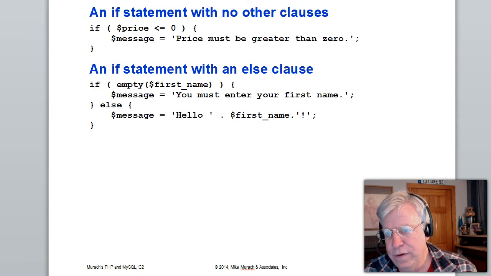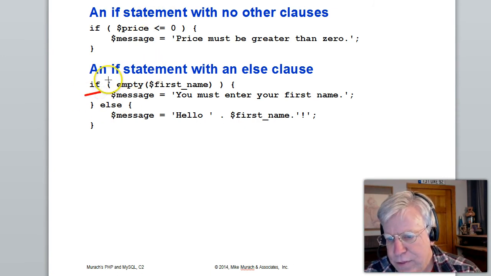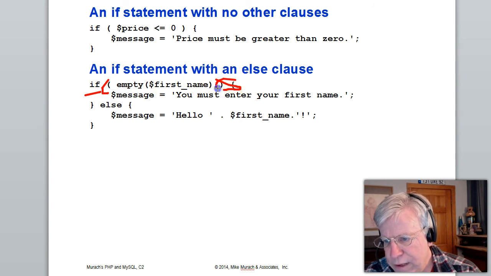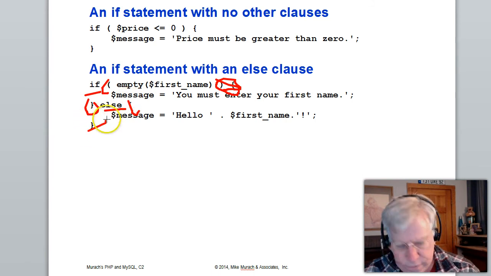Okay, that was fun. If this statement is true, then do the work starting at this curly bracket, ending at this curly bracket. Else, do this work here, ending at this curly bracket right here.